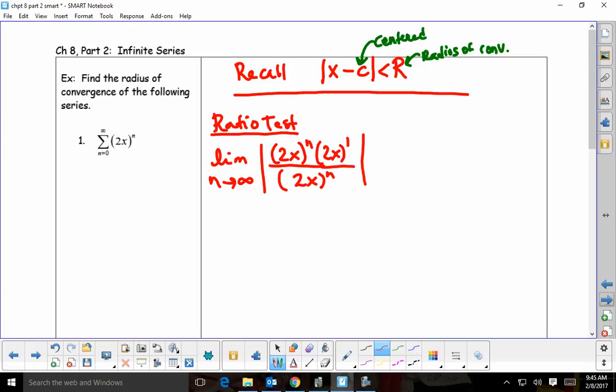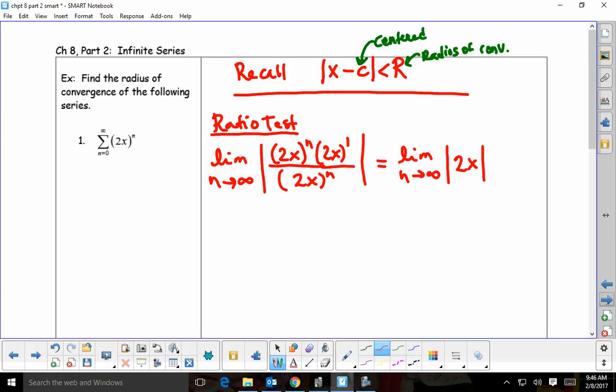So we only did the n plus 1. We didn't do anything with the x's. Okay, so this is going to equal the limit as n goes to infinity of the absolute value. What cancels? 2x to the n, so I'm just left with 2x.